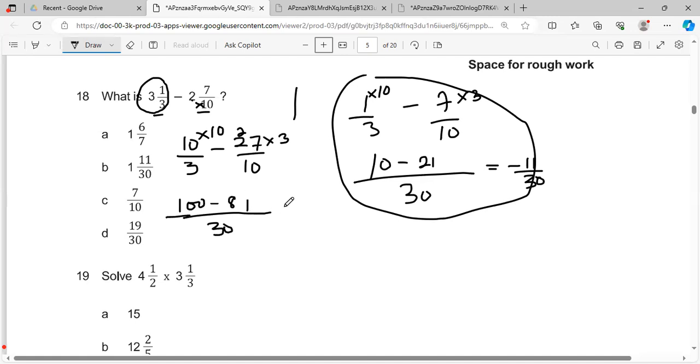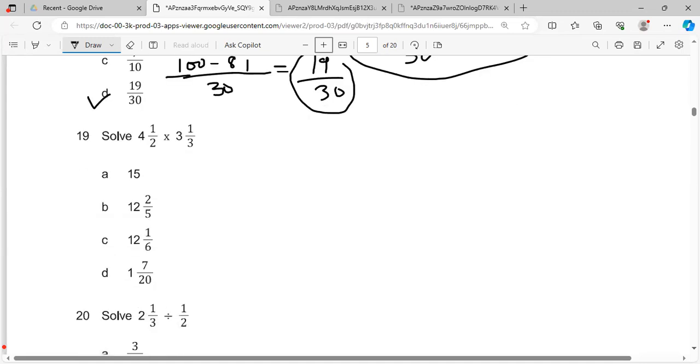So now we can subtract, which will give us what? 100 take away 81. Wouldn't that be 19, guys? Yes, sir, 19. It's actually D. Good try though, good try. I know because you guys have not done that part, but I will show you shortly, next week probably, because you're on fractions now. Go ahead now. 4 1/2 times 3 1/3.